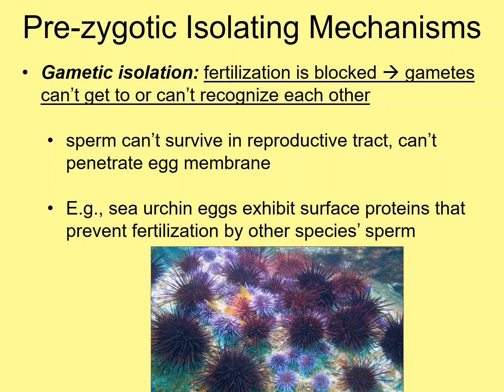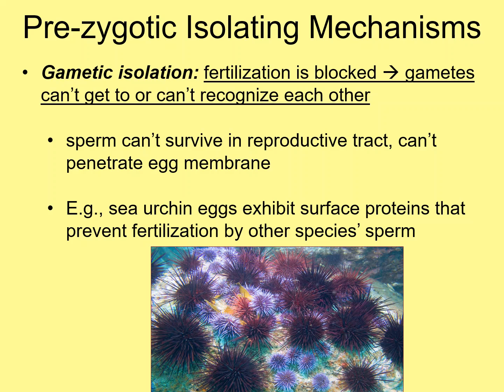And so, of course, to prevent hybrids from forming and to prevent interspecies mating, there are recognition proteins on the surface of the egg, and so therefore it will not bind with or allow to enter sperm of the wrong species. The recognition mechanism just isn't there.